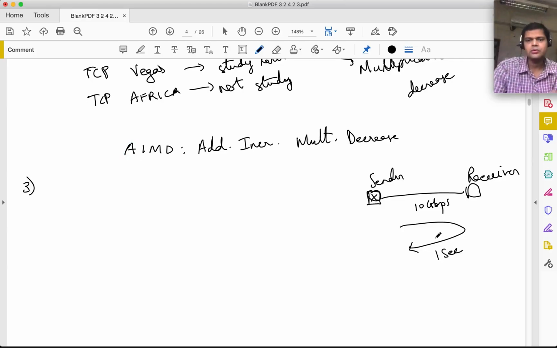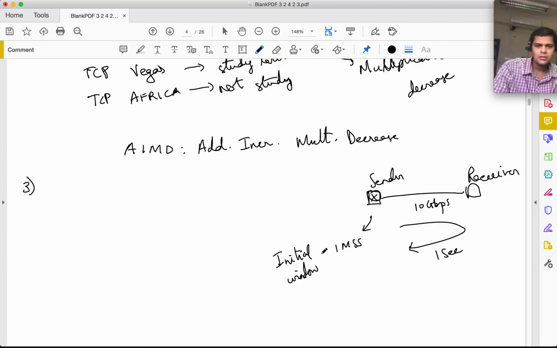Okay, so suppose the round trip time is quite large, and your initial window size is, let's say, only 1 MSS, which roughly, let's say, is 10,000 bits.